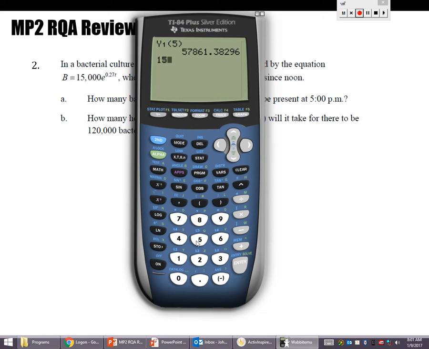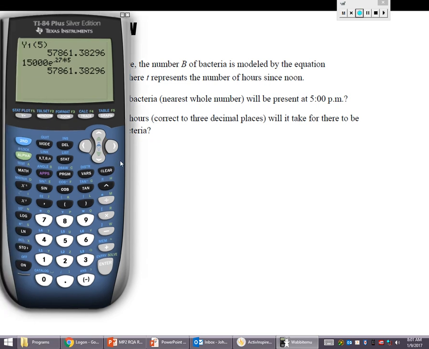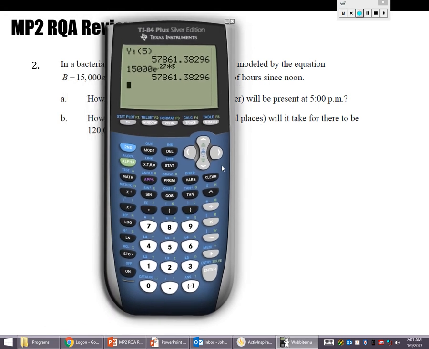You want me to actually type it in? What's the exponent? 0.27, isn't that a 0.27 on your paper too? Times 5. Yeah, times 5, because t is 5 o'clock, and we're measuring t in hours since noon, so 5 p.m. would be 5 hours since noon.